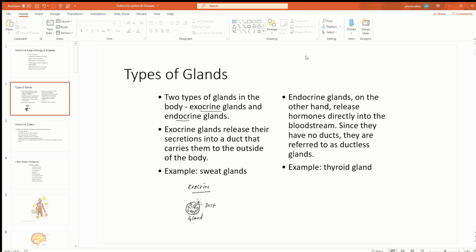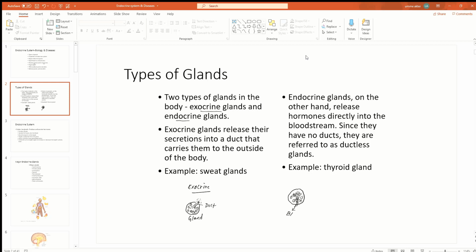In case of endocrine gland, this is an endocrine gland, okay. These are the cells that produce hormones, and you have blood capillaries inside the gland, right? So this is a blood capillary, and what happens, the hormone is secreted into the blood capillary, into the blood, and that blood takes the hormone out.